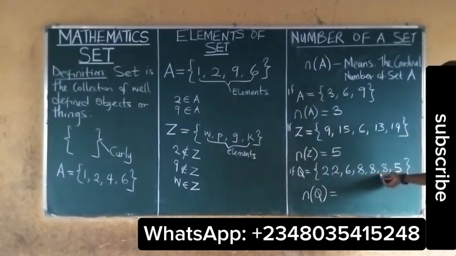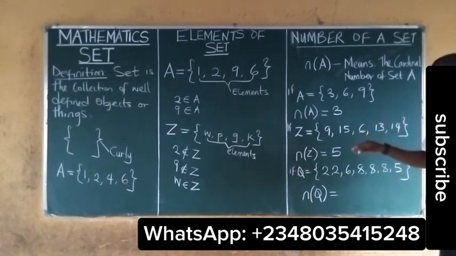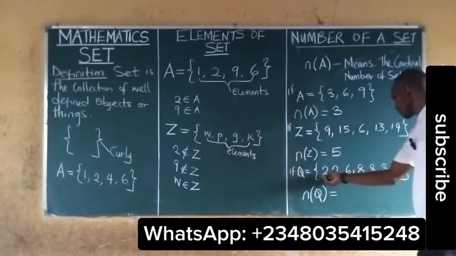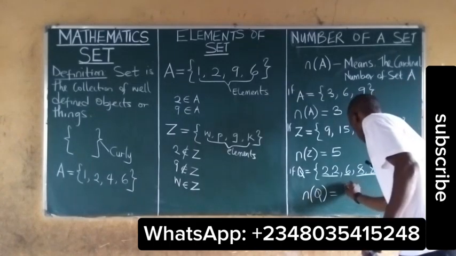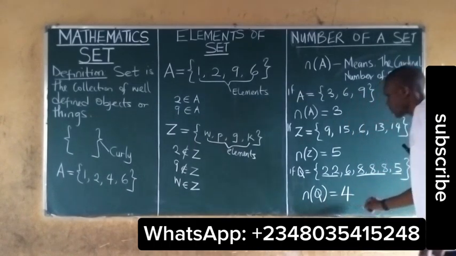If you have 8, 8, 8, you take it as 1. Repeated numbers are counted as 1 in the cardinal number of sets. So we have 1, 2, 3, 4. So the cardinal number of set Q is 4.